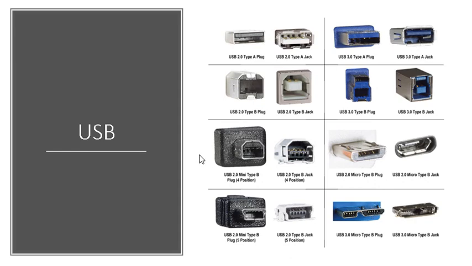There is another thing you want to watch out for, which is that the speeds of USBs differ. We have USB 2, USB 3, and when the number goes higher, the speed goes higher as well. That means USB 3 is the fastest of all, faster than USB 2 and USB 1.